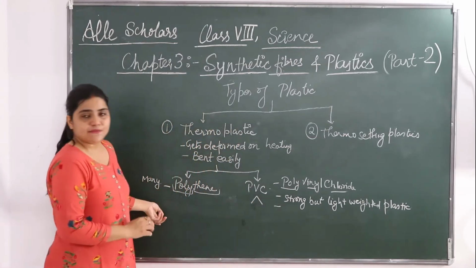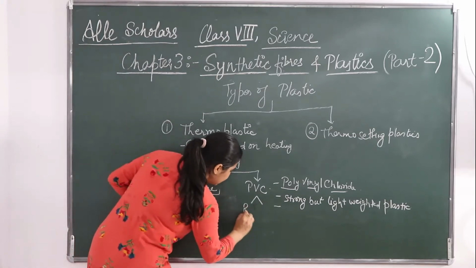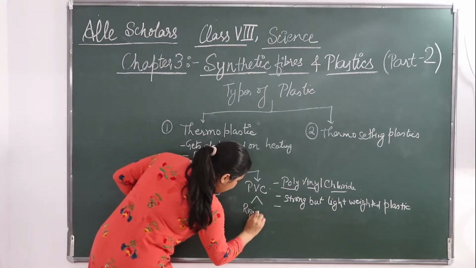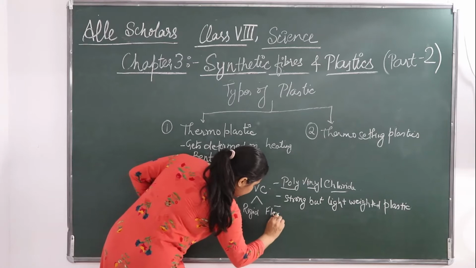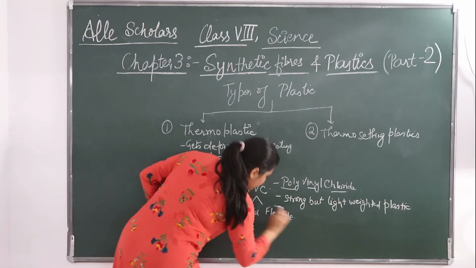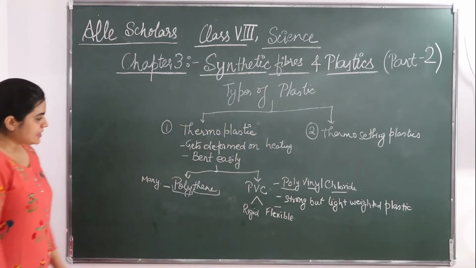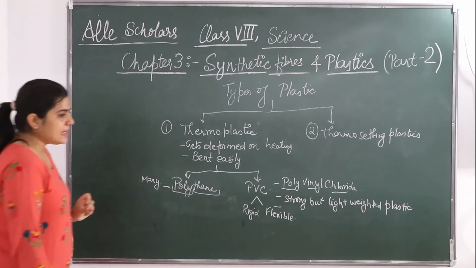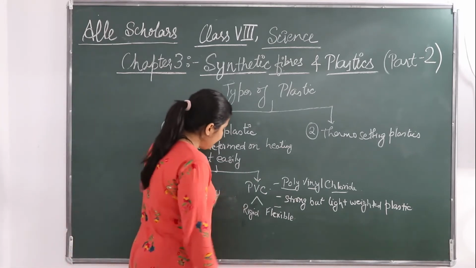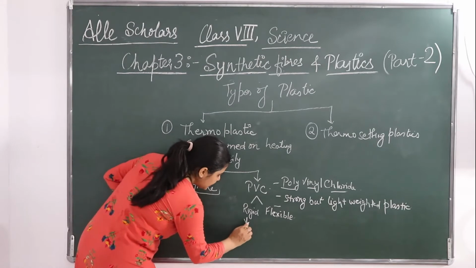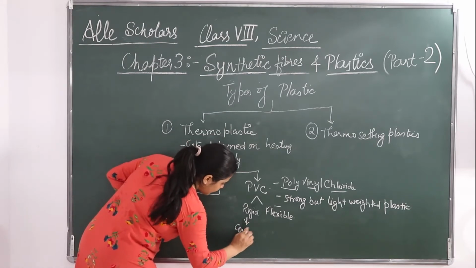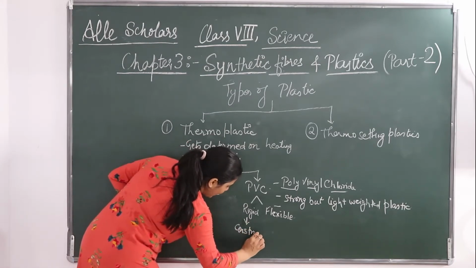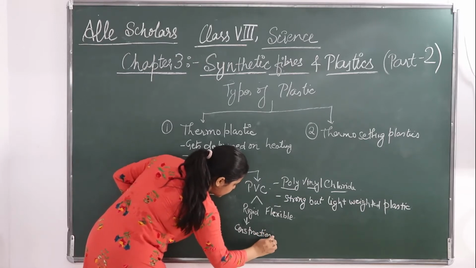PVC is again of 2 types. If we classify PVC, one is the rigid PVC and the other one is the flexible PVC. Rigid PVC and flexible PVC. So this rigid PVC is used in construction, in our homes, in other construction.